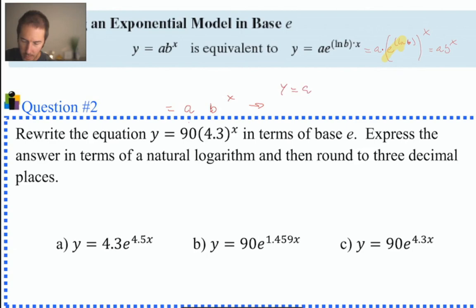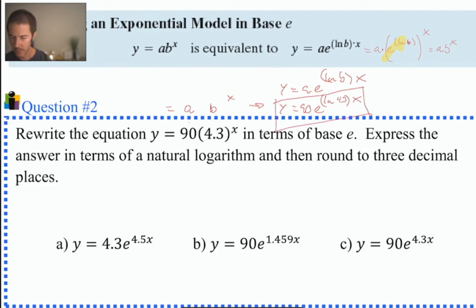Y equals a times e to the natural log of b times x. Y equals, my a was 90, so I'll replace the a with 90. E to the power of natural log, my b value was 4.3. Let's put that in. And the x is still just an x. Okay, so I'm pretty sure that this is what my final answer needs to look like.